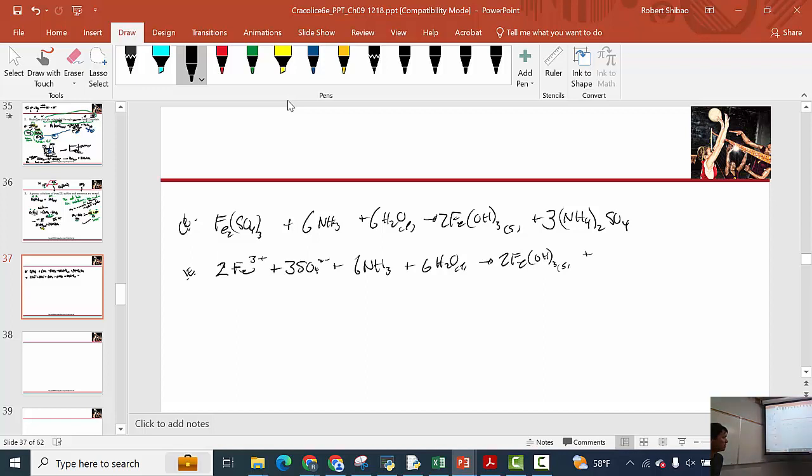How many ammonium ions total? And how many sulfate ions? 3 sulfate ions. All right, so this would be the ionic equation. And then we're going to have the net ionic equation.